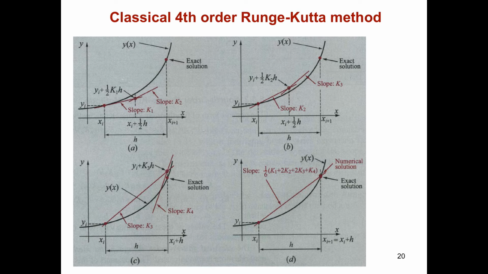For halfway, estimate with Euler what the solution would be. Here. And then this is my slope number 1. Then from halfway, at halfway I know what my slope is. Take that slope, and I'm going to call it K2.